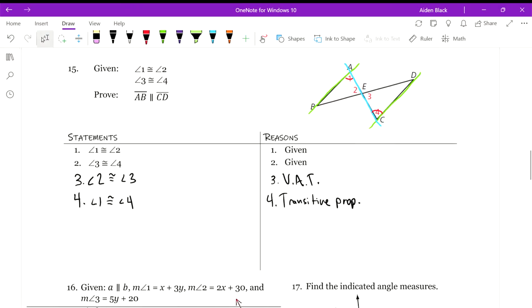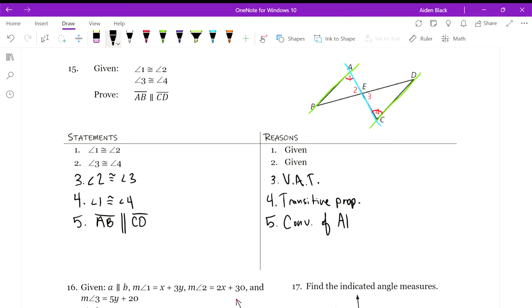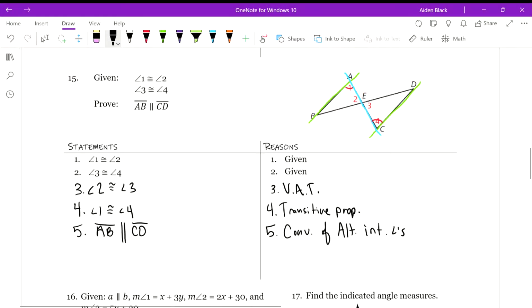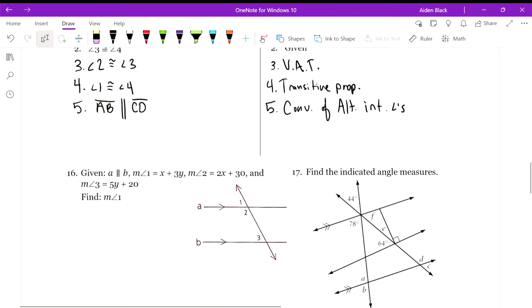So we can say that AB and CD are parallel. Remember, if we're proving lines are parallel, we're using the converse. The converse of the alternate interior angles theorem. Okay. Wasn't so bad, was it?